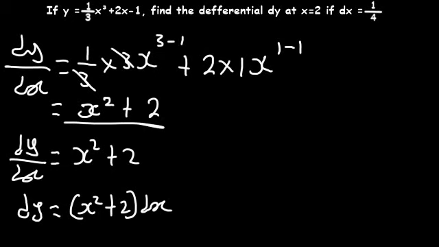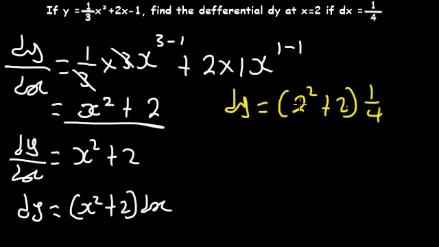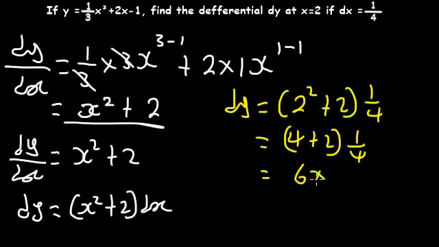So this simply means that at this point, dy will now be equal to 2 squared plus 2, then multiplied by 1/4. Simplifying this forward, 2 squared gives us 4. When we add 2 to that, we get 4 plus 2, which is 6, and we multiply that by 1/4.